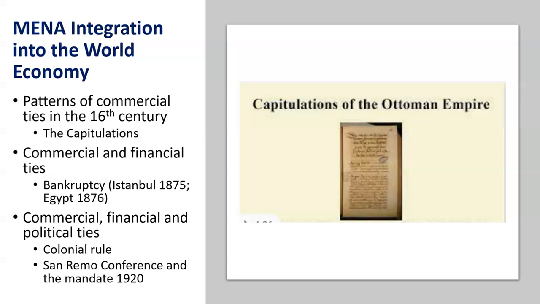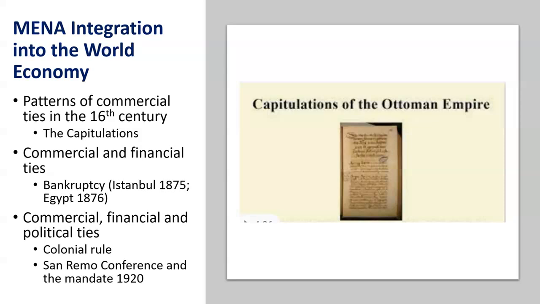Yeah. So it was basically through the sales of European manufactured goods in exchange for primary goods or raw materials coming from parts of the Ottoman Empire, right?